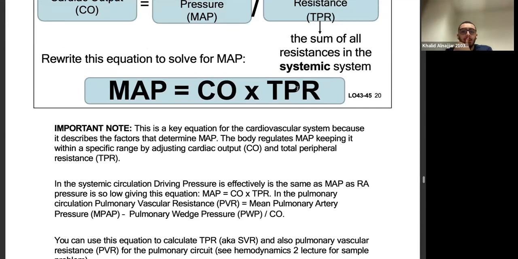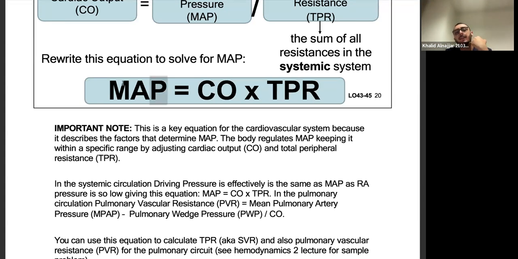It will be TPR equals mean arterial pressure over cardiac output. So if we want to calculate the pulmonary vascular resistance, we will have PVR equals the mean pulmonary artery pressure, mPAP, minus the pulmonary wedge pressure, and I'll explain now why, over CO, cardiac output.